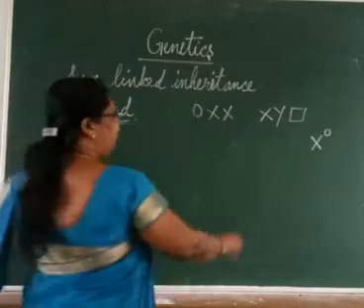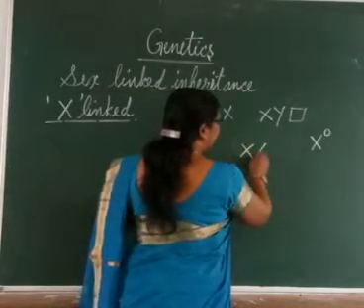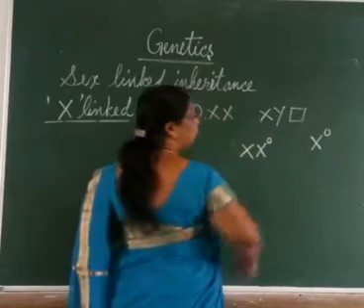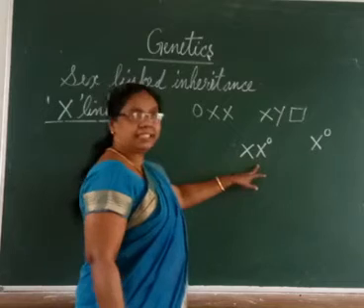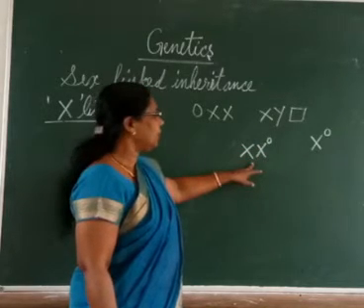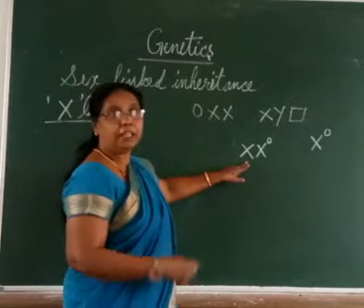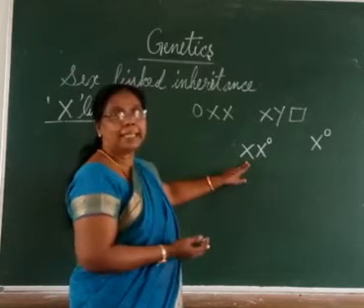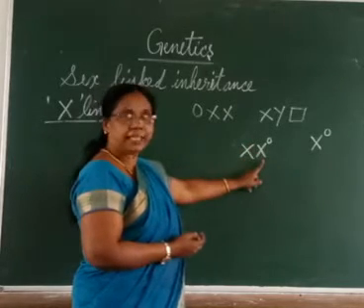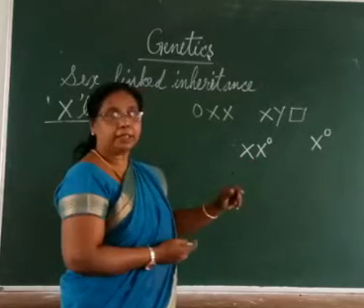In the case of a female, listen properly, XX with one 0 near one X means this female is a carrier, whereas she will not show it phenotypically. She will not show that character externally. But she is a carrier. She can pass this to the next generation.